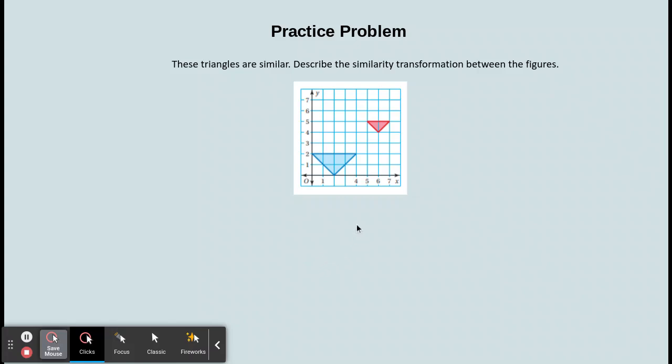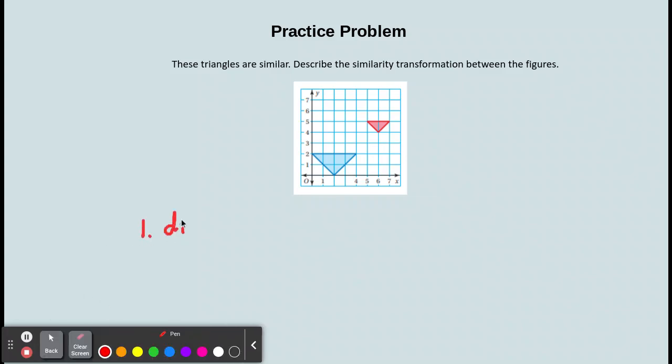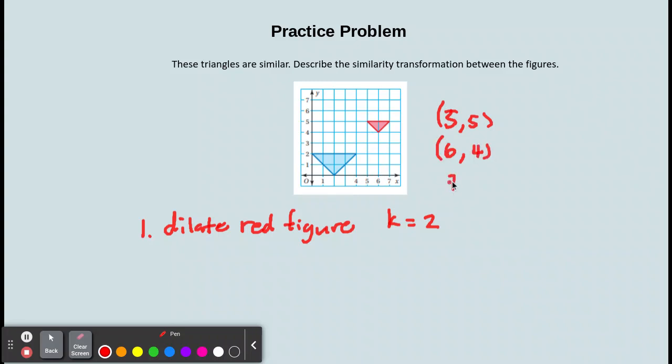Okay, so the first step that you want to do on this one is you want to dilate the red figure, the red triangle, using a scale factor of 2, meaning you take the red's vertices. So for this one, it'd be 5 comma 5, 6 comma 4, and 7 comma 5.